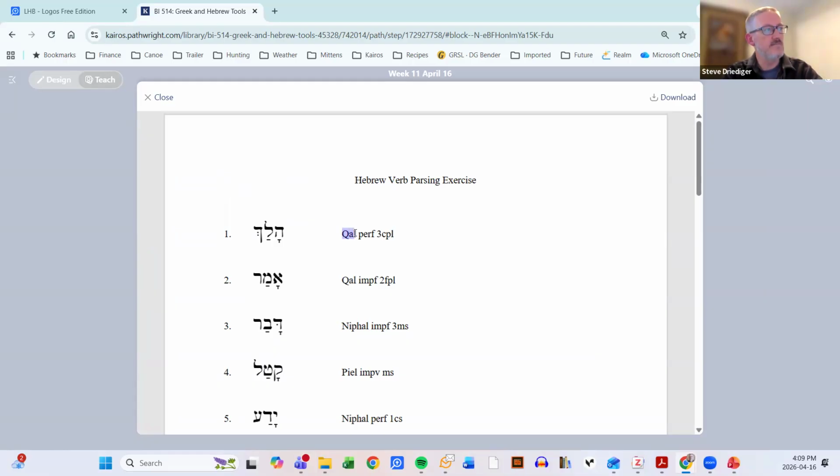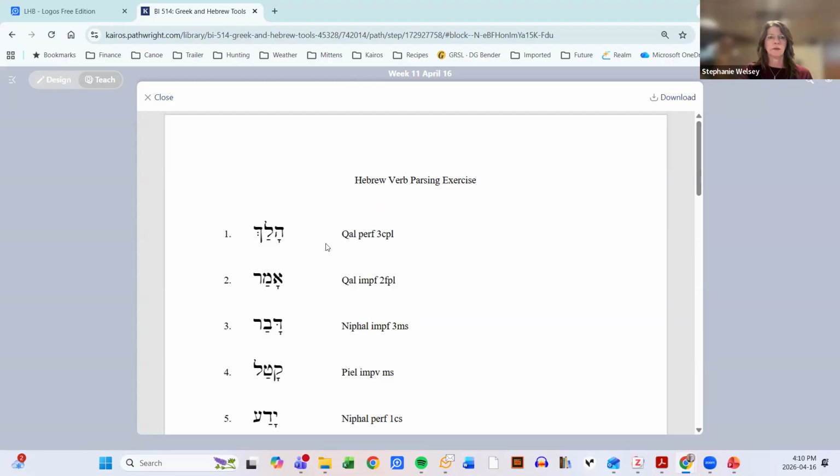So we have qal, perfect, third common plural. And so here's what I'm going to do, let's just do the first one all together. If we take our verb halak, who's got in their memory the definition for that one? What does halak mean?